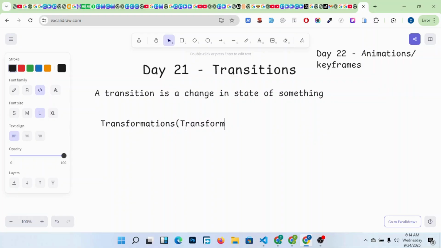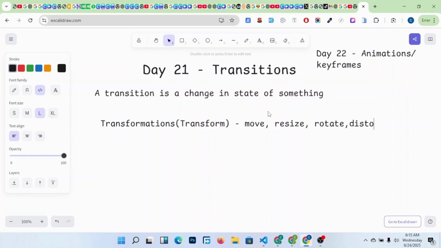Okay? So this one here, what does transform mean? A transform means basically to move, resize, rotate, and distort.